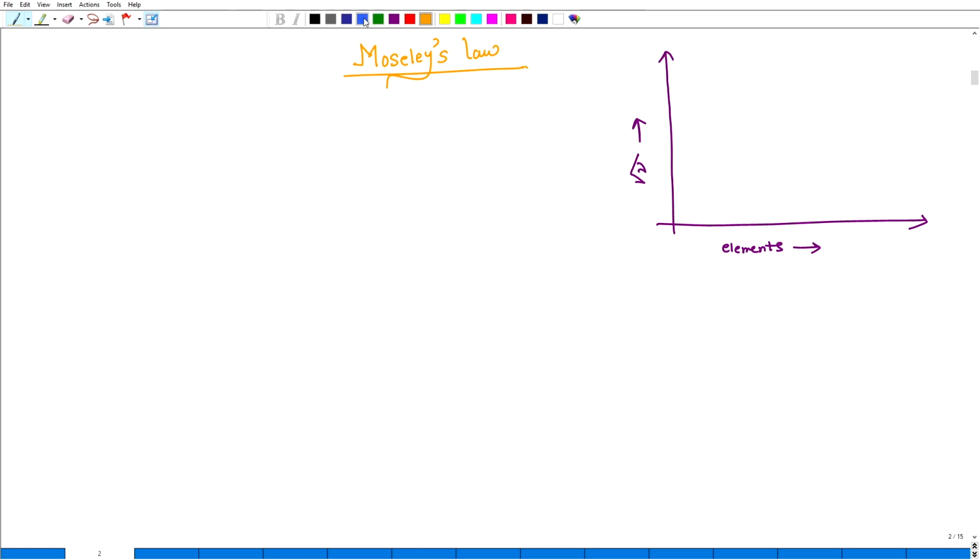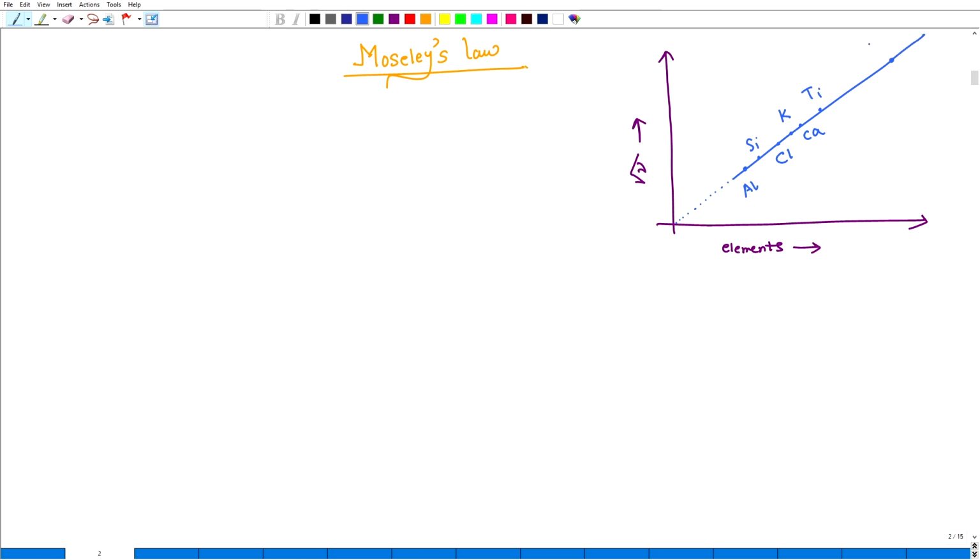So what Moseley did, Moseley plotted this root nu of elements, and he observed a straight line like this: aluminum, silicon, chlorine, potassium, calcium, titanium, and so on.